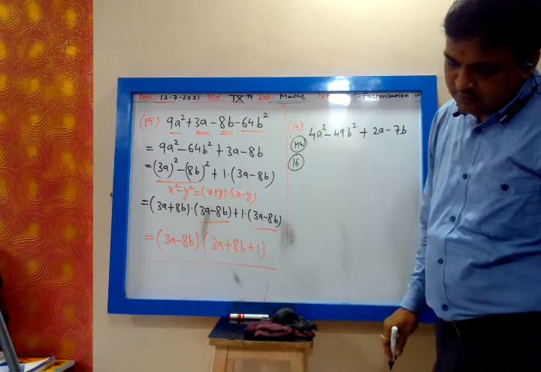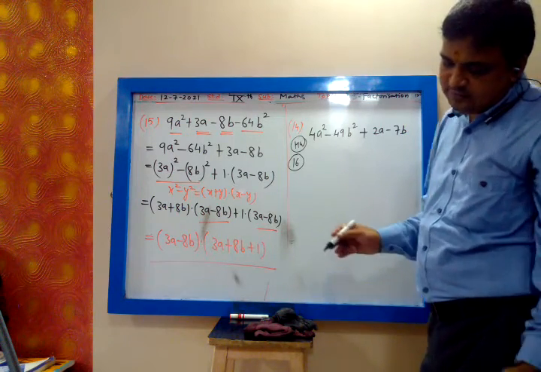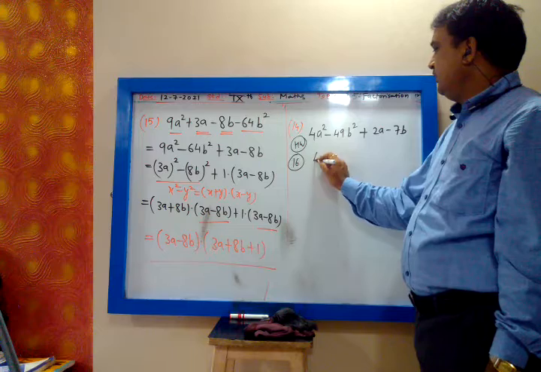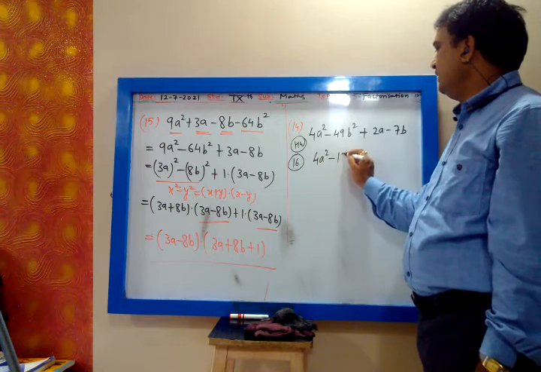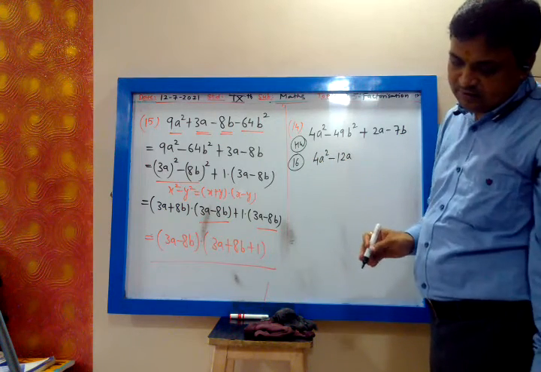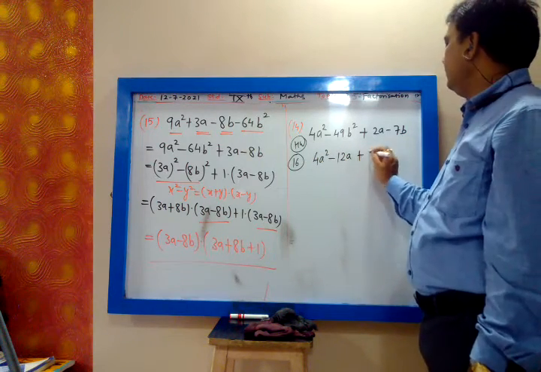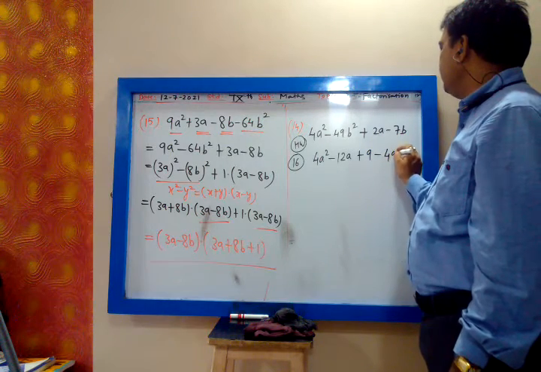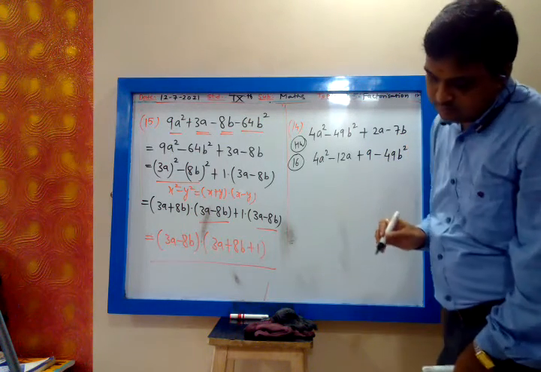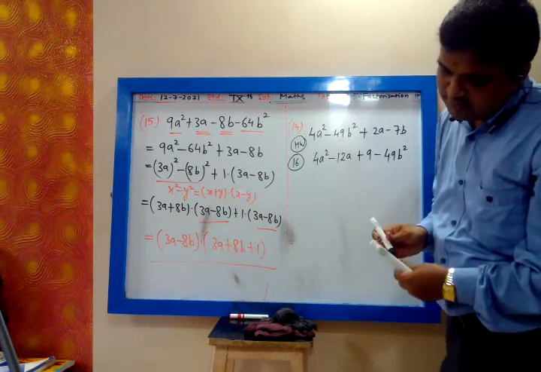16th. This also in the same way: 4a square minus 12a plus 9 minus 49b square.